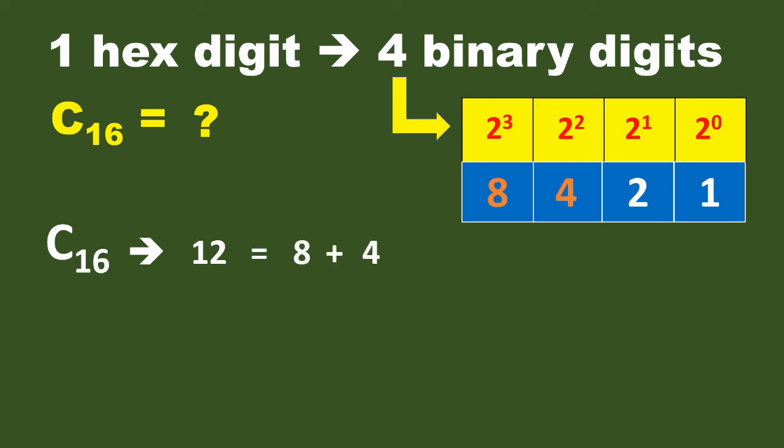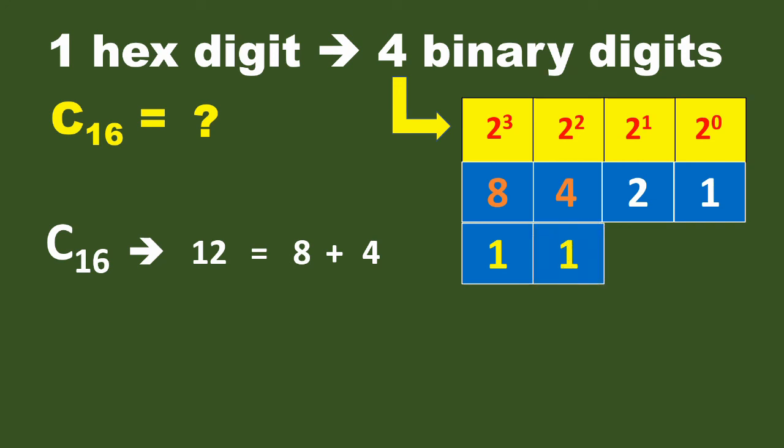That means these places in the 4 digits of binary will be switched on. It means we will take them in the summation. So we take it as 1 here. That means we switch on this bit.